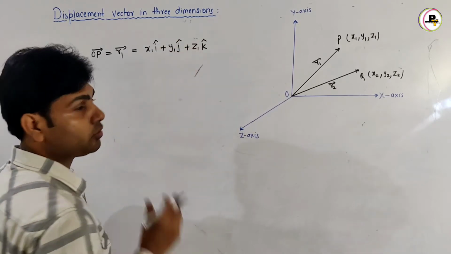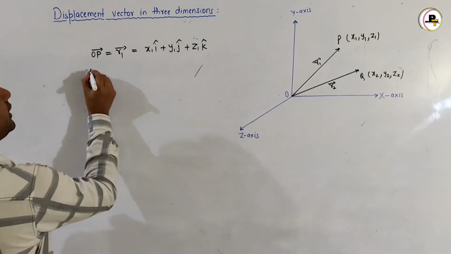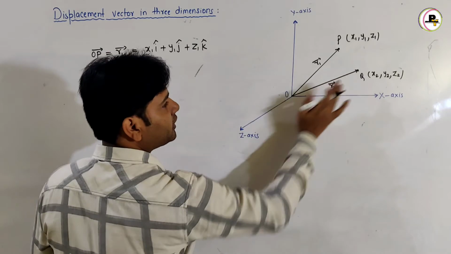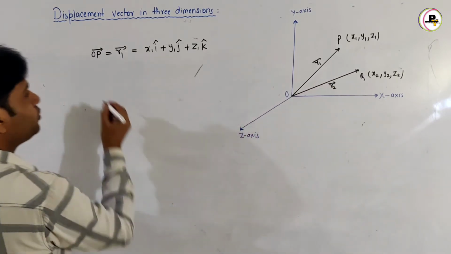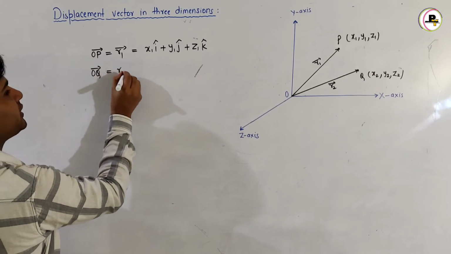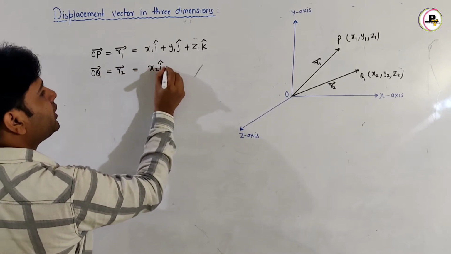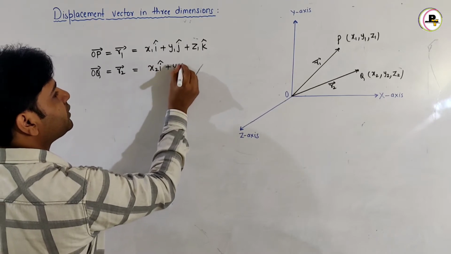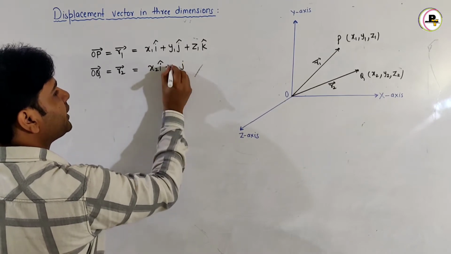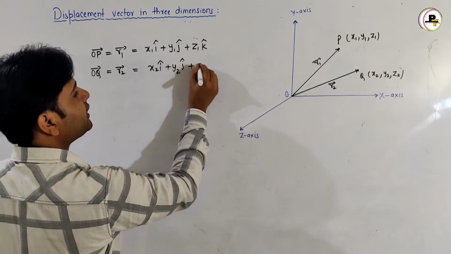This is the position vector of point P with respect to point O. And I can find the position vector of point Q with respect to point O: OQ vector equals r2 vector, and this is given by x2 i cap plus y2 j cap plus z2 k cap.